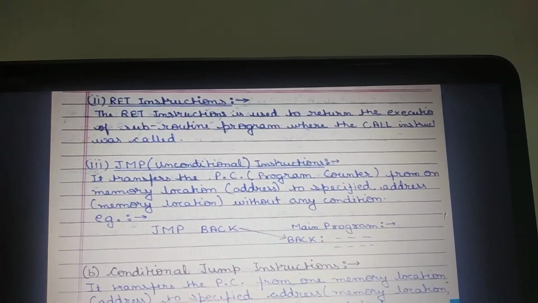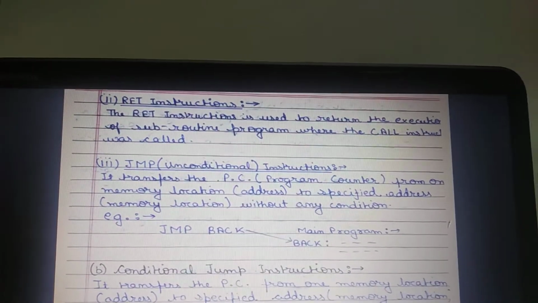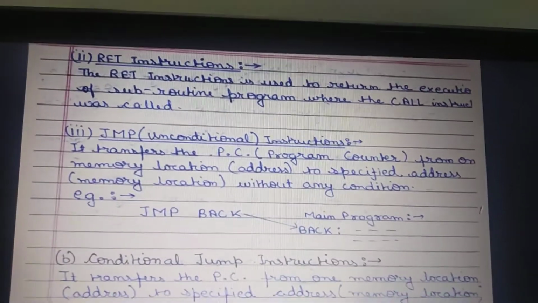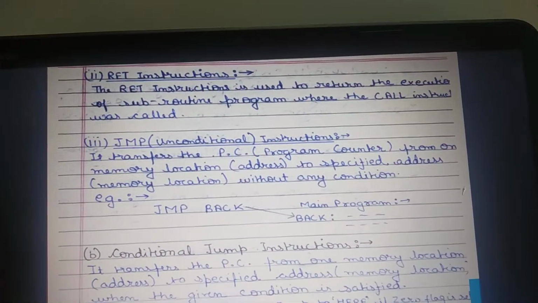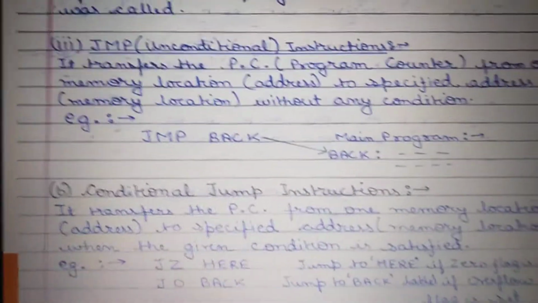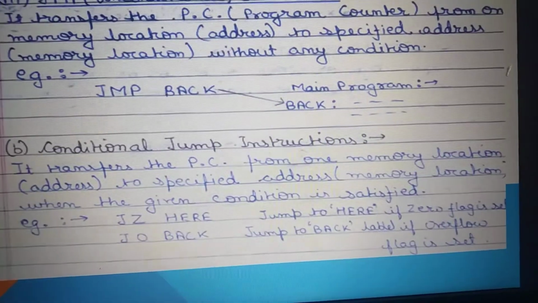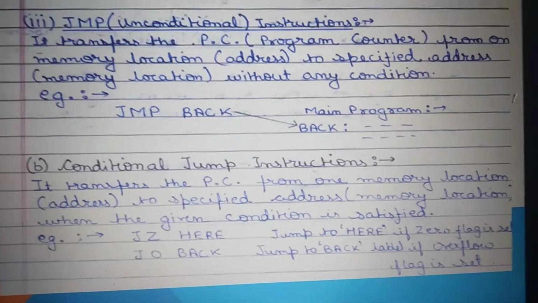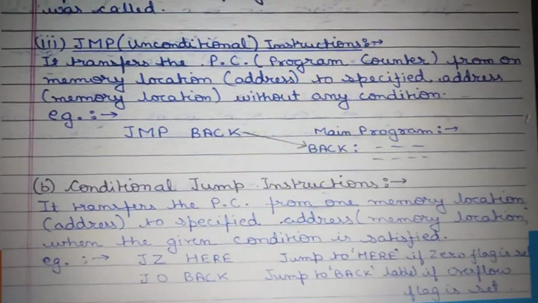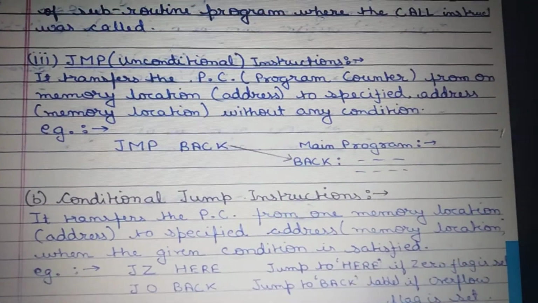Now we will discuss some conditional branching instructions, where we have to discuss the conditional jump instruction. In a conditional jump instruction, program control is shifted to the given memory location according to the given condition, and these conditions are generally mentioned in the form of the status of different flags. Suppose we execute JZ here.